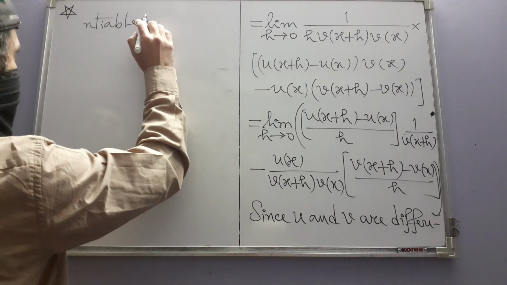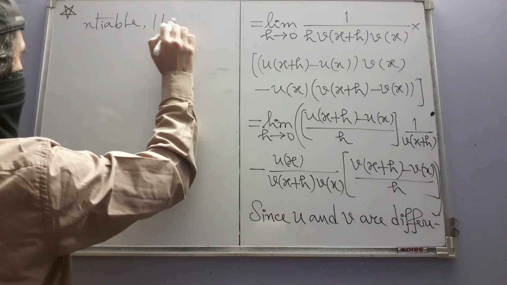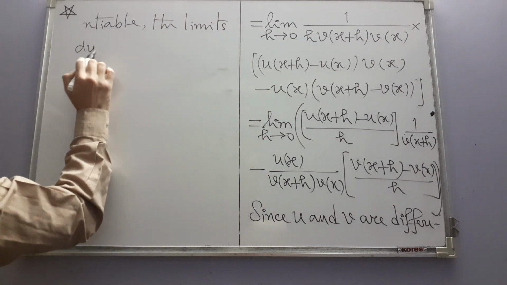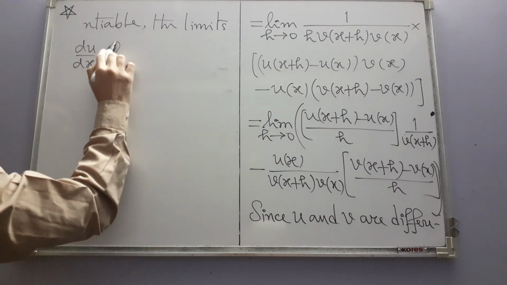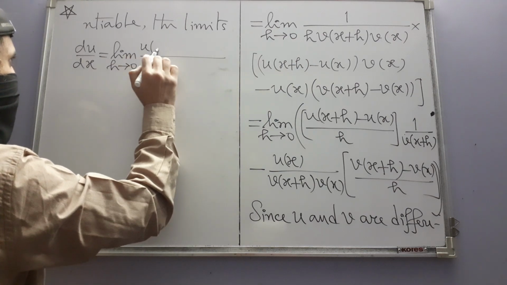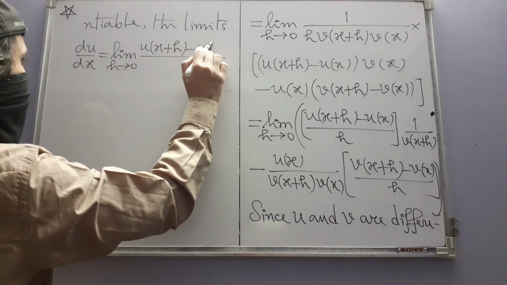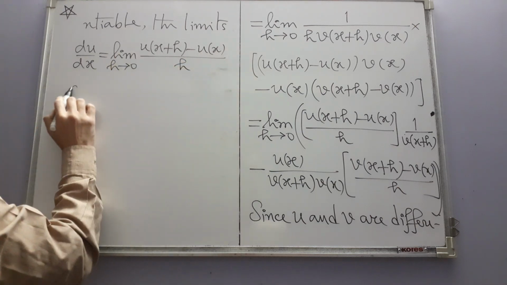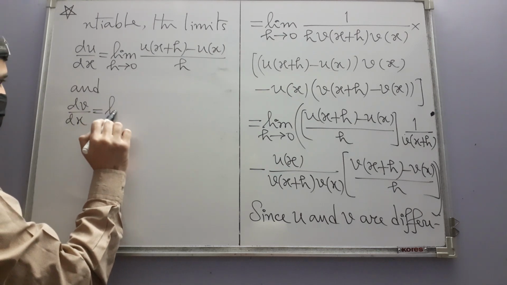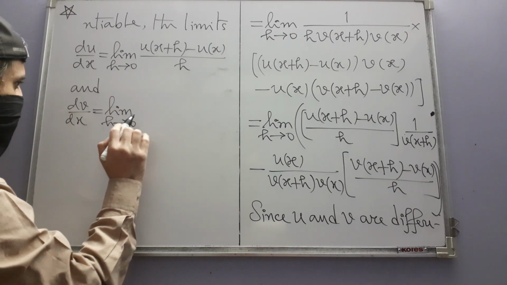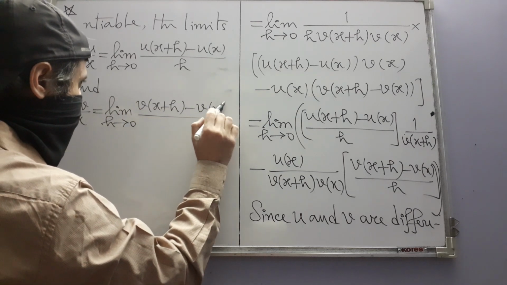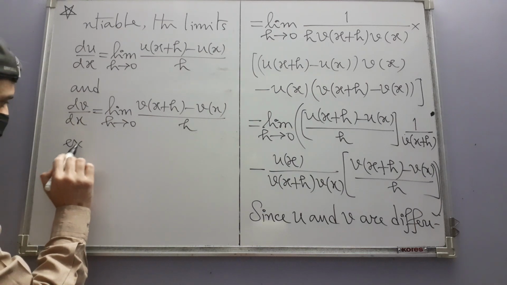Okay, so since u and v are differentiable, the limits of u of x plus h minus u of x divided by h and the corresponding difference quotient for v exist.